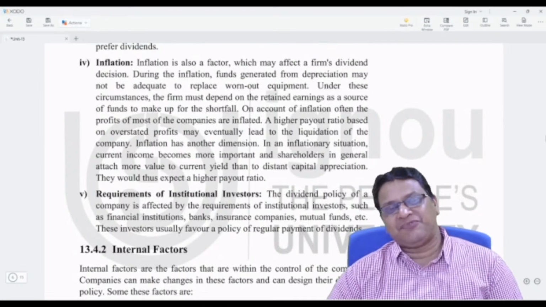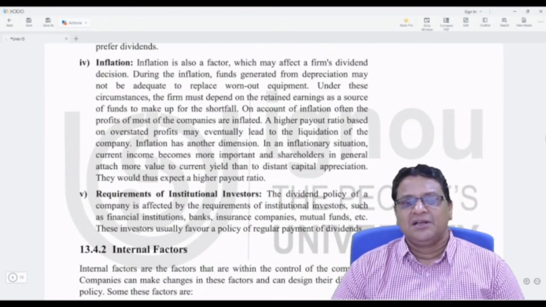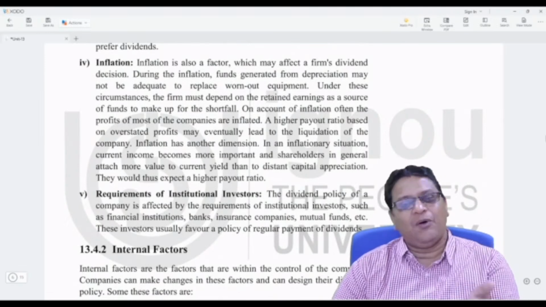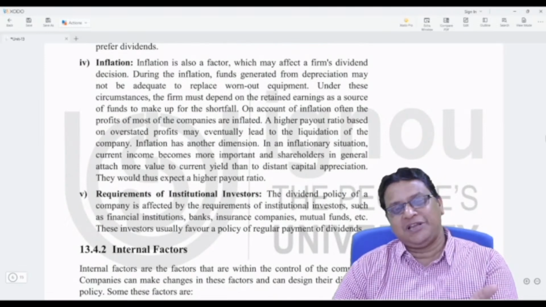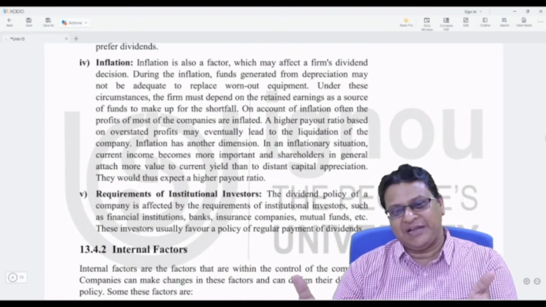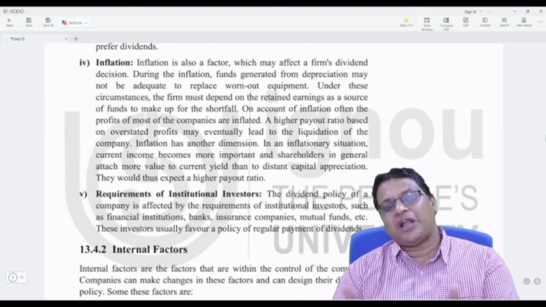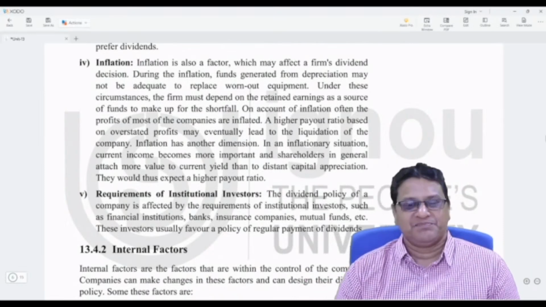During the period of inflation, what happens? If you pay 100 rupees dividend now, when there is 5% inflation, and 100 rupees dividend when there is 15% inflation, in that case, the 100 rupees amount is not the same.